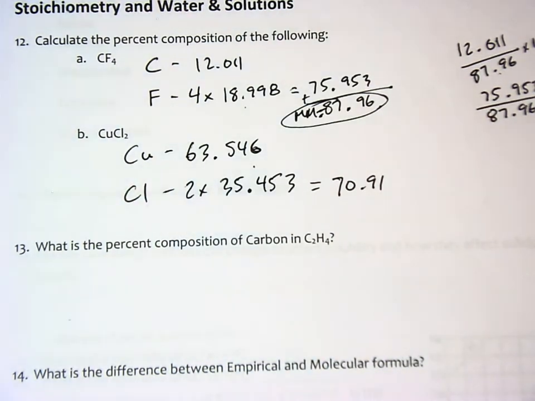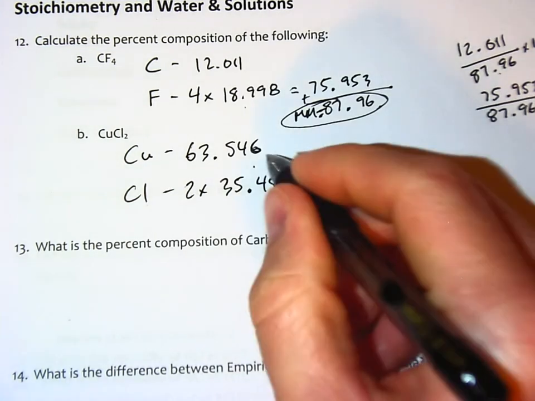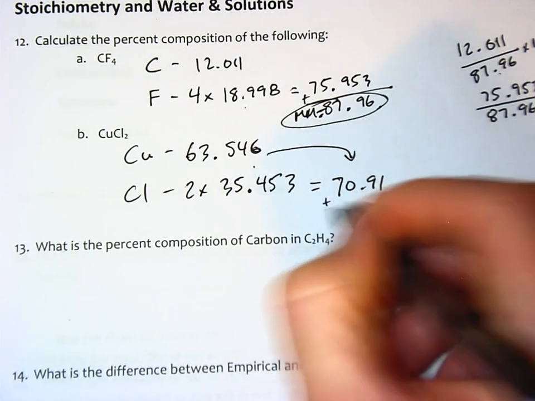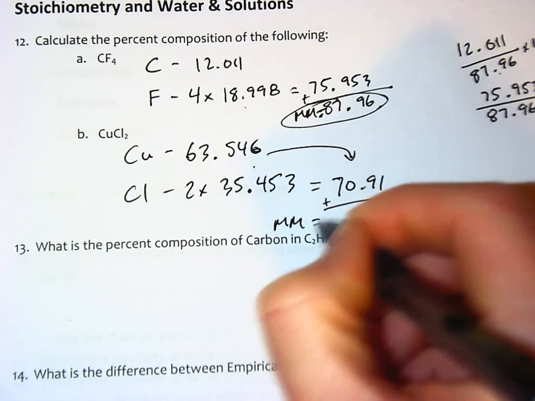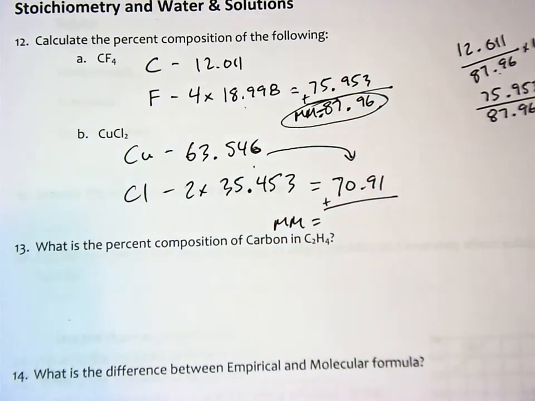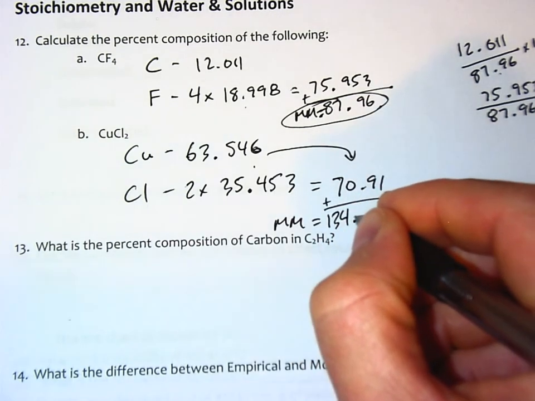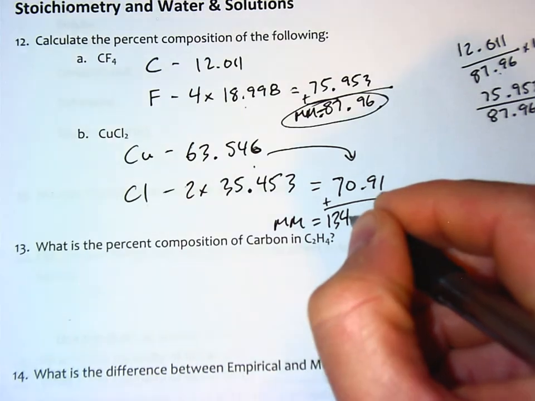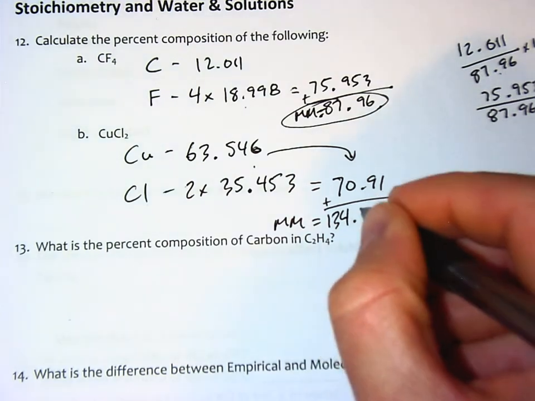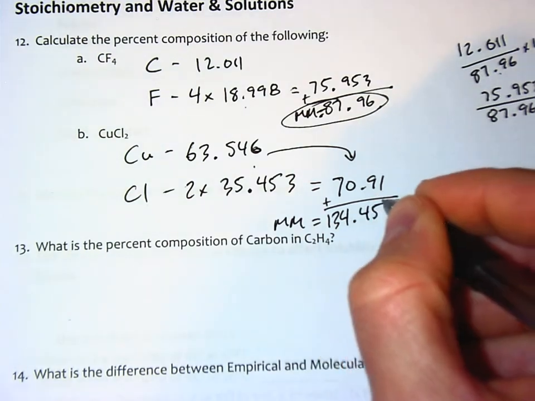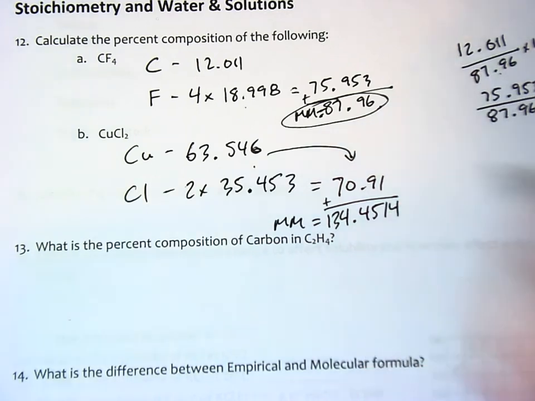So now add those two together to get my total molar mass, which is 134.4514. Okay.